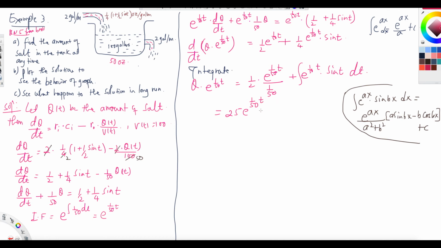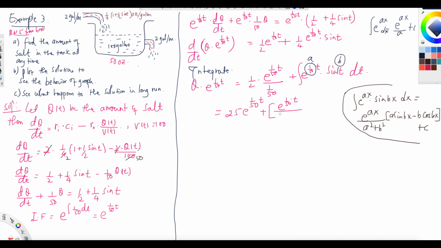And then plus e to the ax. What is e to the ax? E to the 1/50 times t over a square plus b square. What is a? a is this one, and 1 is b. There. Okay.